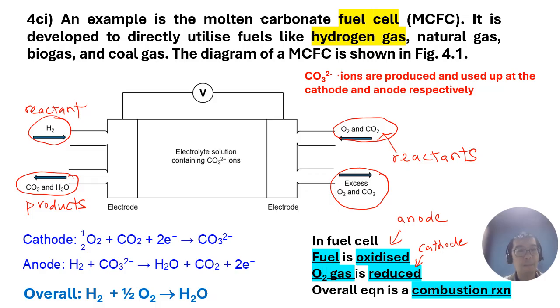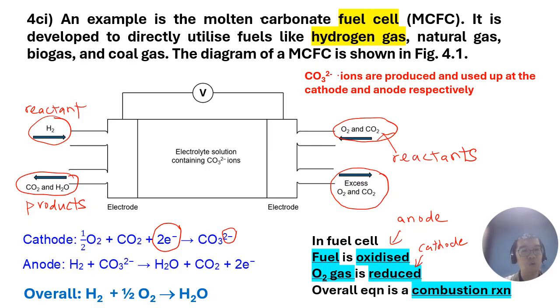For the electrode compartment on the right hand side, half O2 plus CO2 will give you CO3 2-. Because there is a 2- charge on the right hand side, in order to balance the charge, it must be plus 2e-. Therefore, the compartment on the right hand side is the cathode, where reduction occurs. For the electrode compartment on the left hand side, we know that H2 gas is the reactant, CO2 and H2O are produced, and CO3 2- is involved.